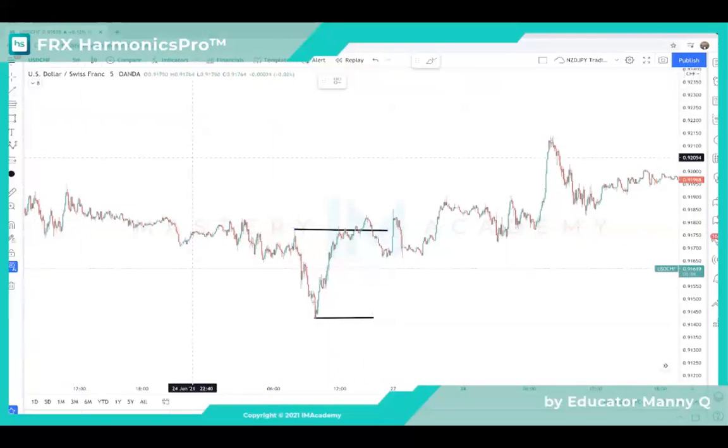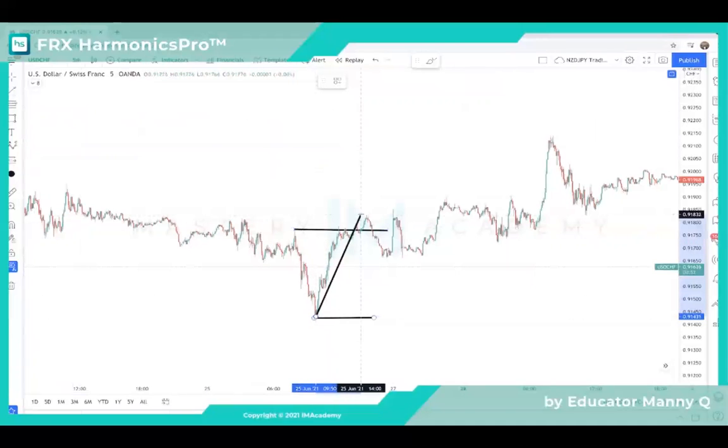But here, let's say the market broke out the previous high. It didn't give us a big run up, so many people would not really look to trade a retest. But in this example, the market in fact pulled down.